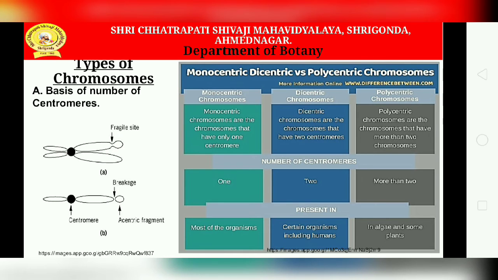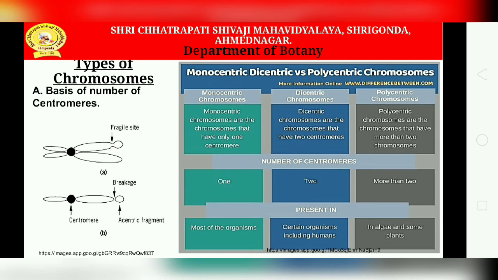Dicentric has 2 centromeres, 1 in each chromatid. Polycentric has more than 2 centromeres. Acentric is without a centromere. Such chromosomes represent freshly broken segments of chromosomes which do not survive for a long time.